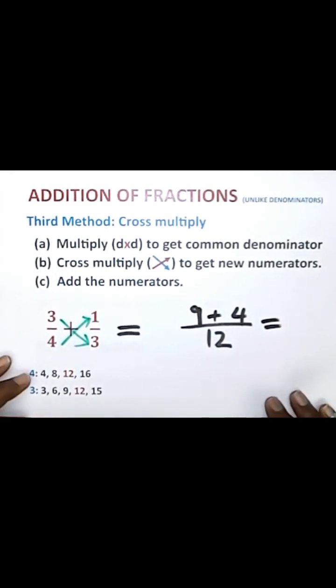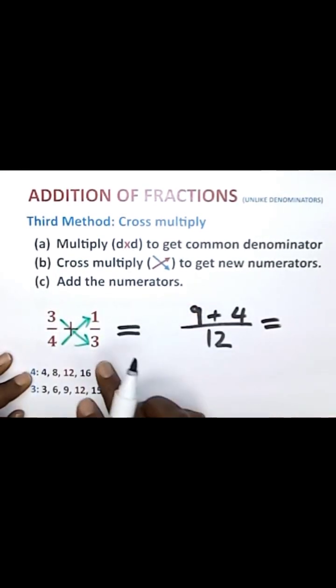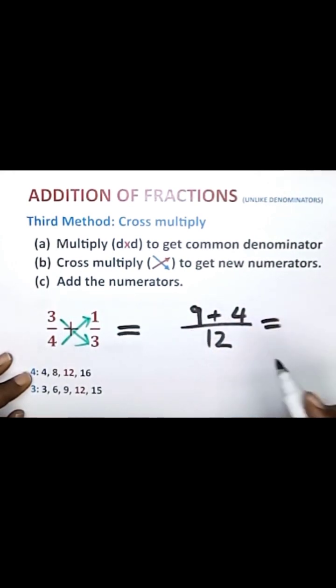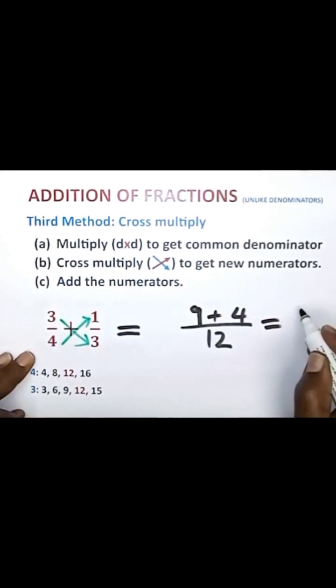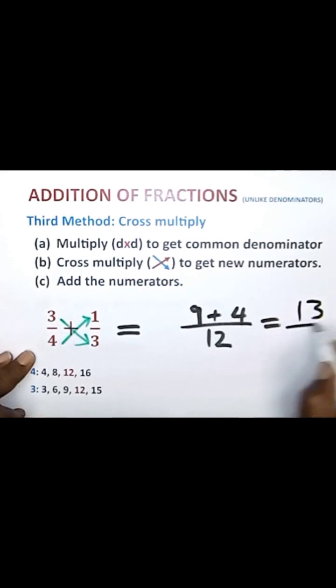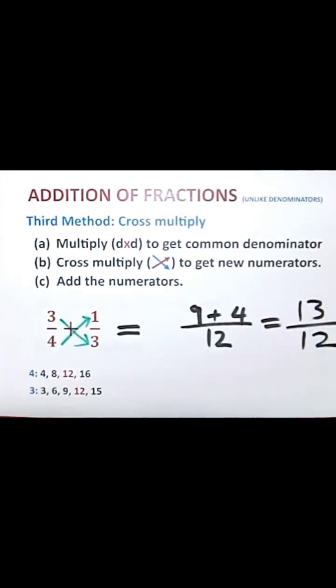And the third step says we should add the numerators. So 9 plus 4 is 13, all over 12. Do you recall that this was the same answer we got when we first solved this problem using the first method? Yes, this was exactly the answer that we got, and this method is so easy.